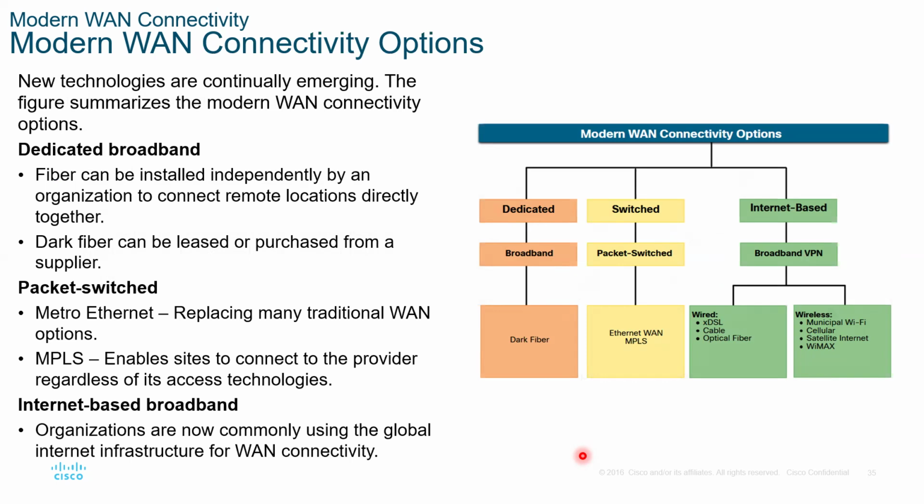With dedicated, we have what we call dark fiber. So when fiber was introduced, many companies laid fiber, with Tier 1 being one of them. A lot of fiber all over the country is there.